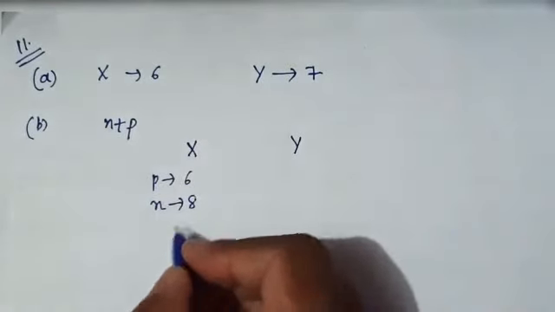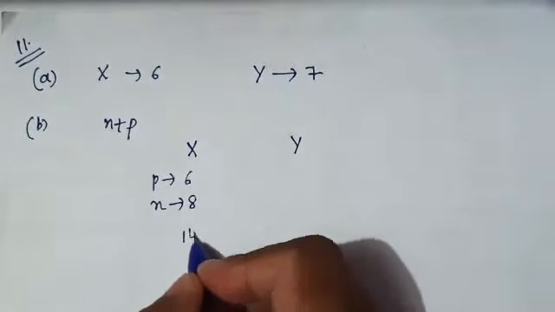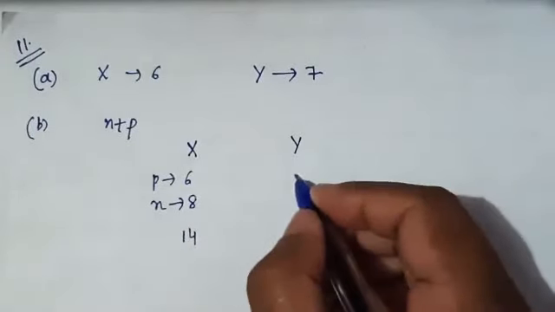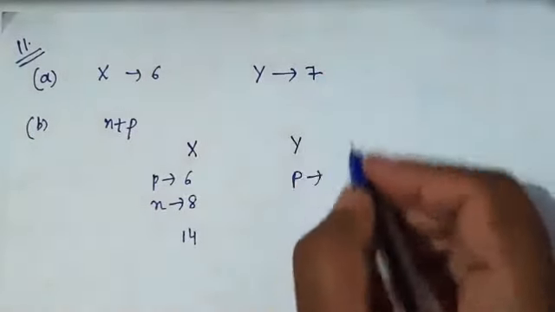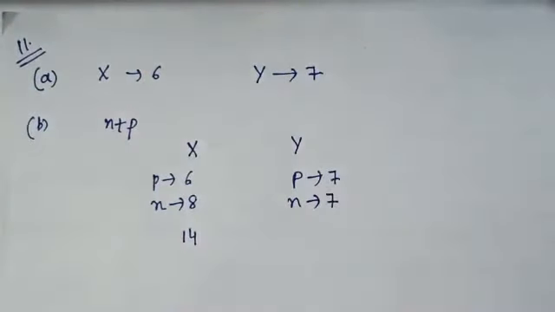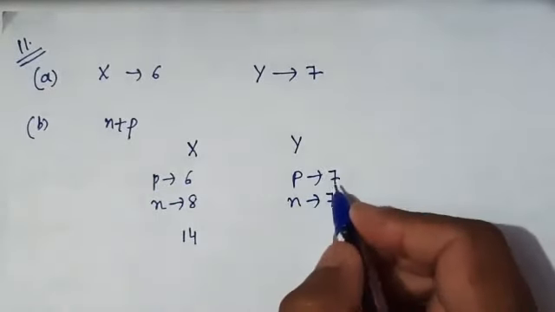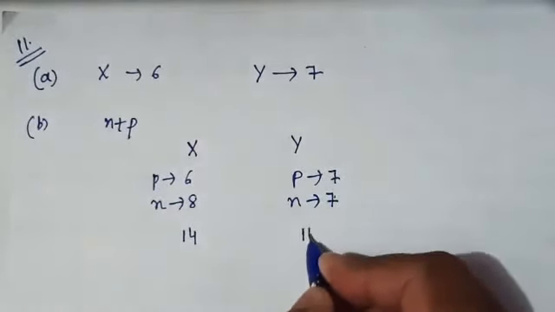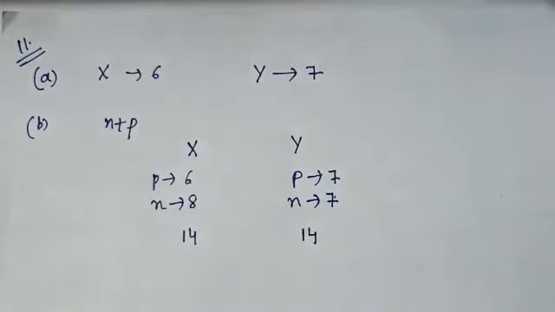So the nucleon number will be 6 plus 8, 14. Same for Y, protons are 7. Now see for neutrons, neutrons are also 7. So the total will be 7 plus 7, 14. So the nucleon numbers are 14 and 14 in both cases, X and Y.